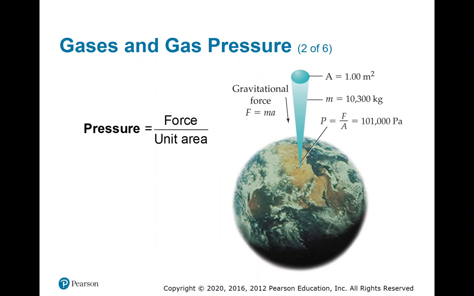When gases collide with the inside walls of the container that they're in, this phenomenon is responsible for pressure, which is fundamentally a measure of force per unit of area. So if you take the amount of force applied and divide it by the area over which that force is applied, you get the pressure. And there are different units of pressure to measure this that we'll go over in this chapter.